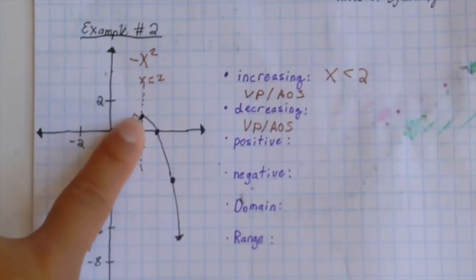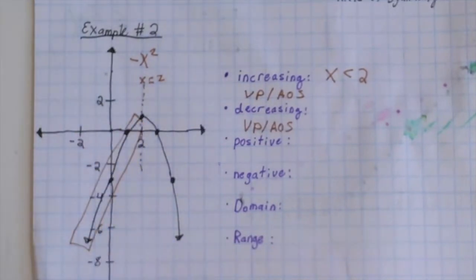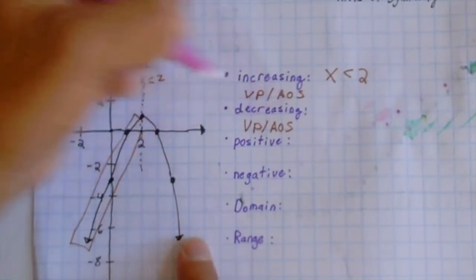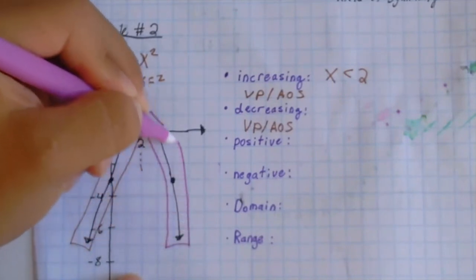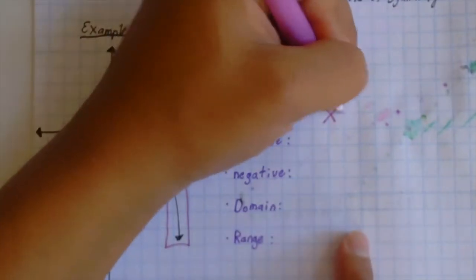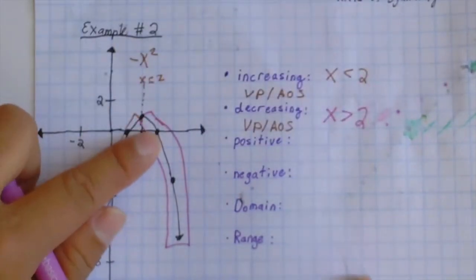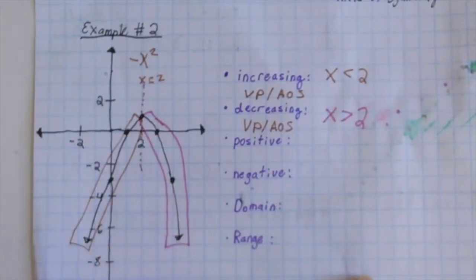Right? Even 1.5 is less than 2. So all of these points going upwards is when it's increasing. Opposed to when it's decreasing, right? It is x is greater than 2, right? 3 is greater than 2, 4 is greater than 2, 5 is greater than 2, infinity is all greater than 2. So write those two notations as such.